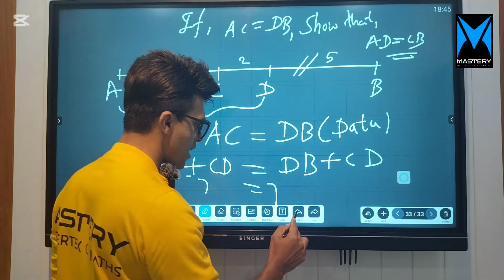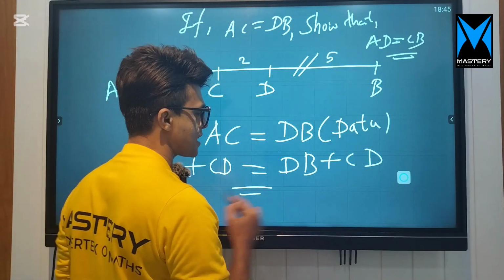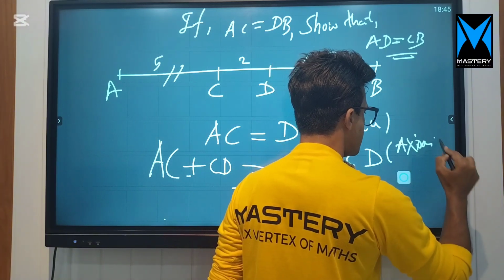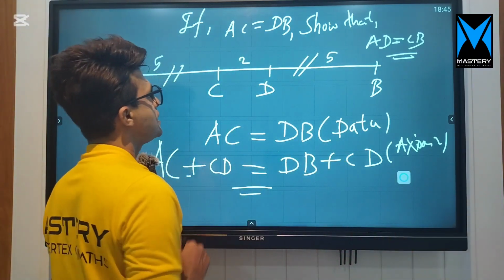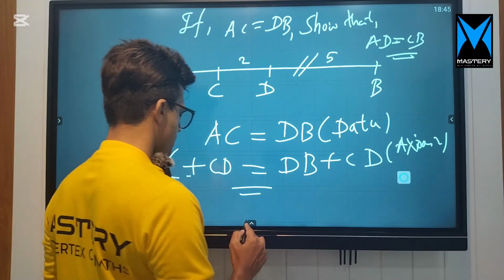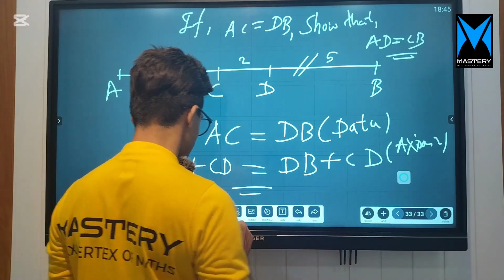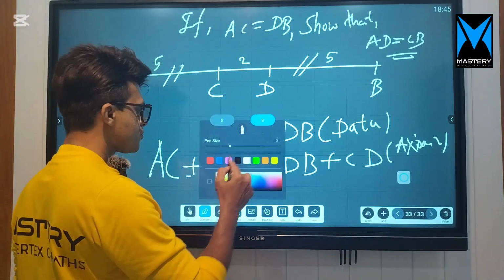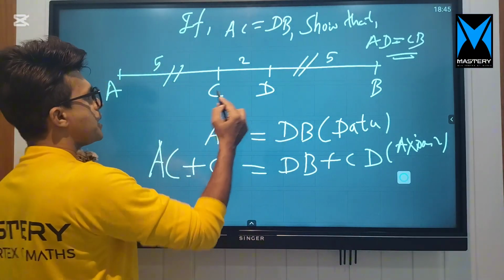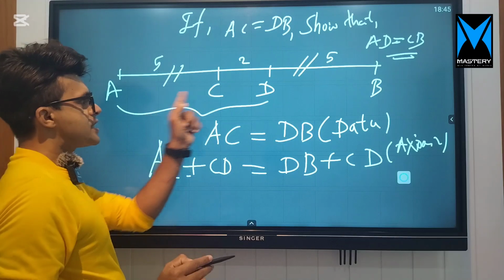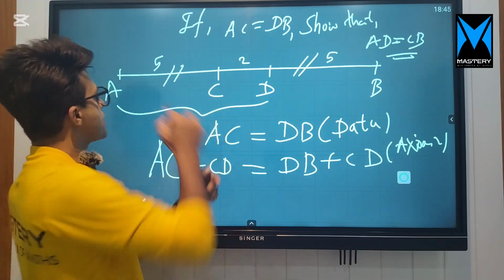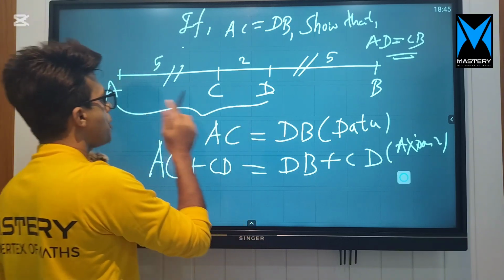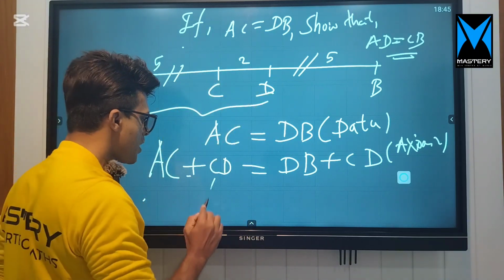You don't need to mention it, right? Generally the class teacher does not expect it, so these values are generally not given. So in the answer you need to write the reason, axiom 2. Then AC plus CD means this whole segment, AC plus CD equals AD.